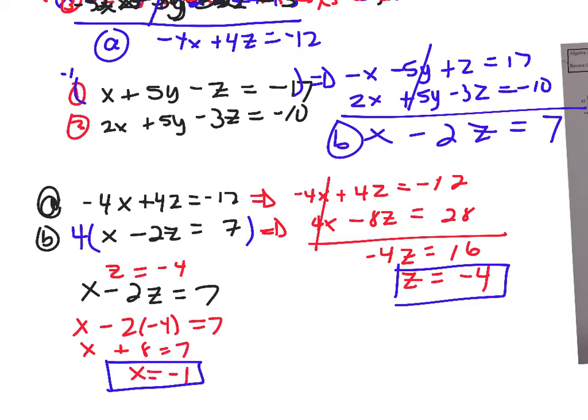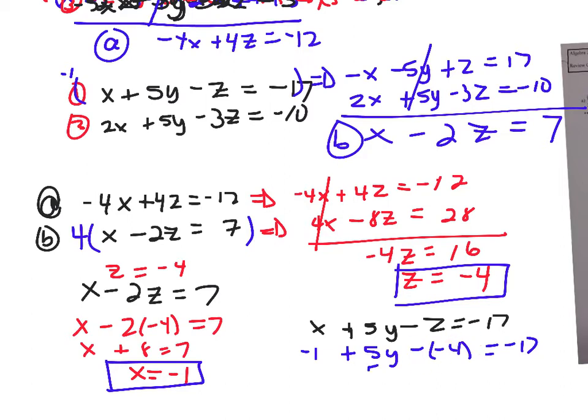The last thing is I need to find my y value. So I have to plug it back into one of the originals. So I'm going to plug it into x plus 5y minus z equals negative 17. So x is negative 1, plus 5y, minus z, which is negative 4, equals negative 17. So this actually becomes positive 4. So it's negative 1 plus 4 is positive 3, sorry.